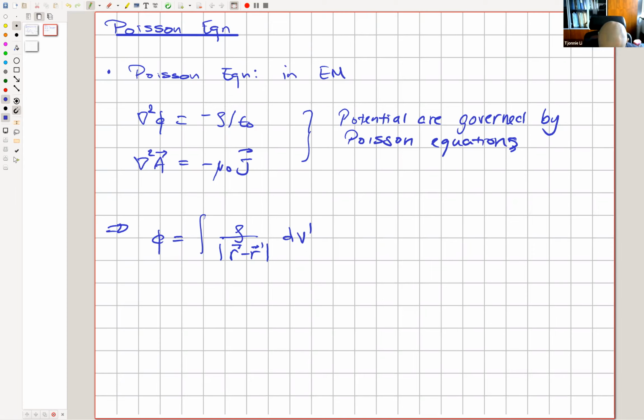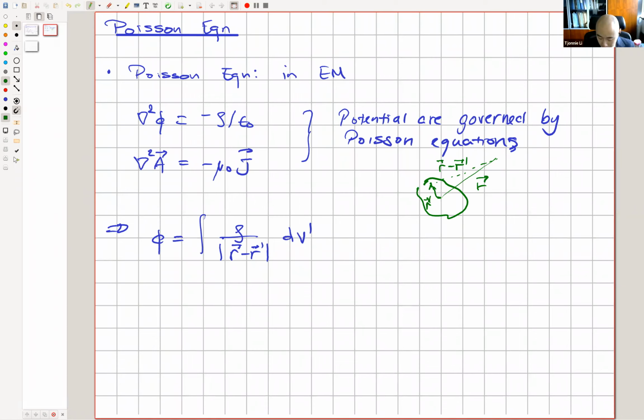Just to highlight this, if this is the origin, then this is r prime, and this is r, no prime, and so what we're interested in is this arrow over here, which is r minus r prime.